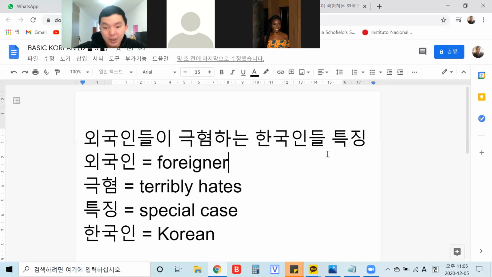I will give you a little more hints and ask another student. Thank you, Precia. So 외국인들이, this is the subject, because as you can see it has the subject particle. But it's a bit hard to translate.